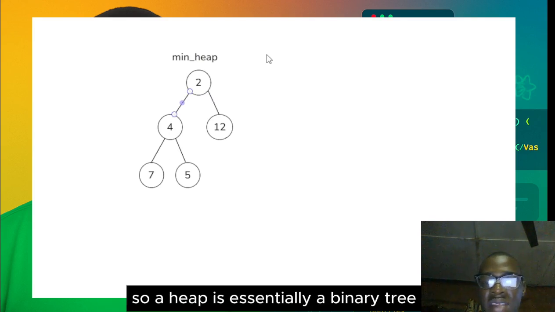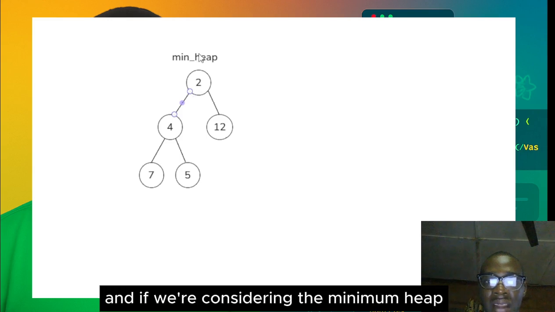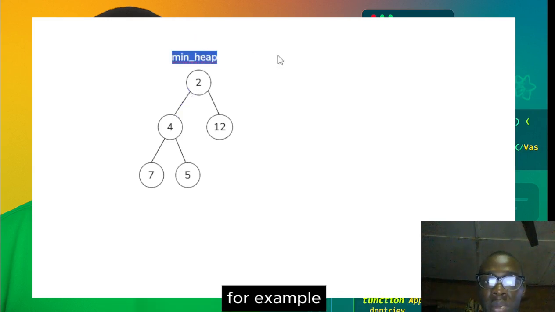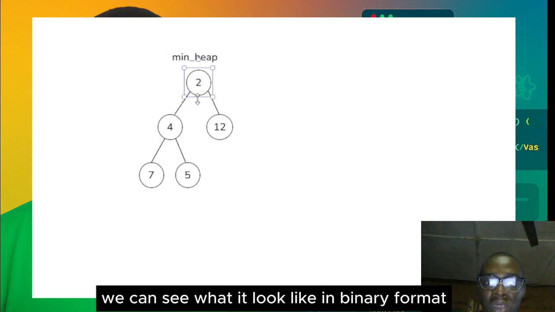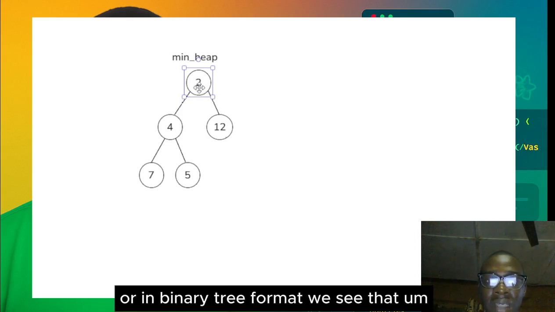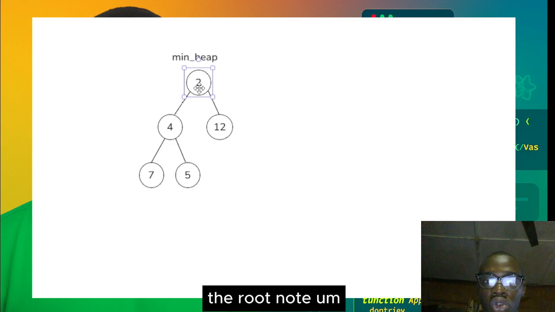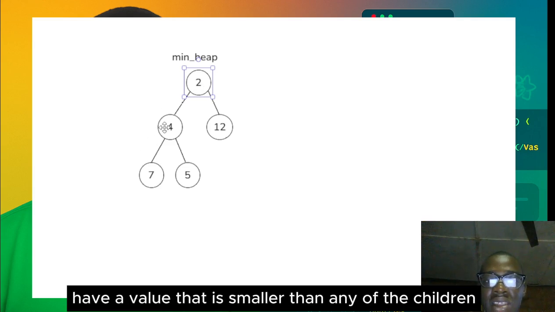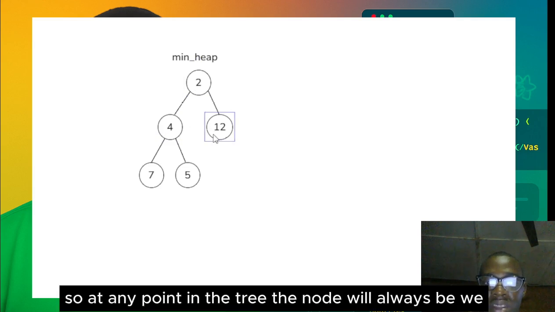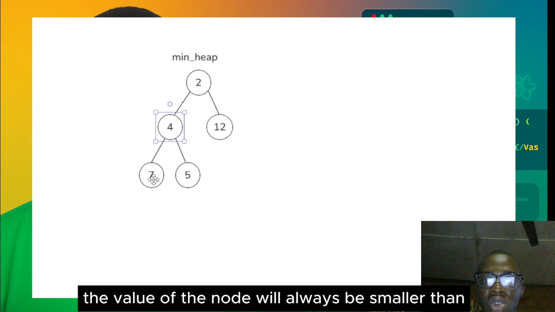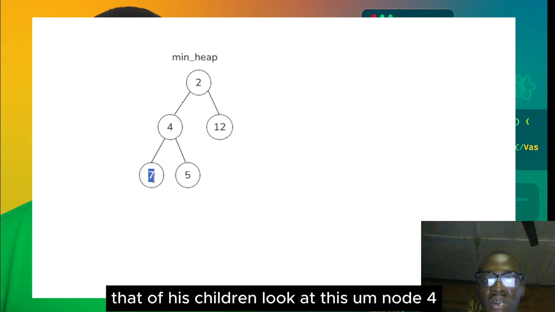So a heap is essentially a binary tree, and if we are considering a minimum heap, for example, we can see what it looks like in binary tree format. We see that the root node always has a value that is smaller than any of the children nodes. At any point in the tree, the value of the node will always be smaller than that of its children.